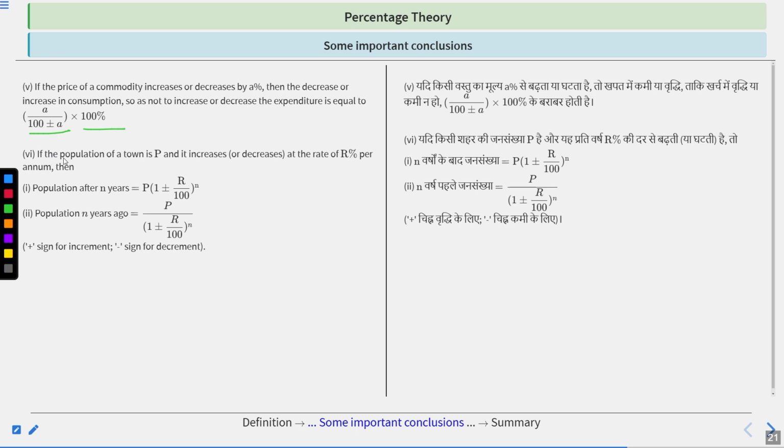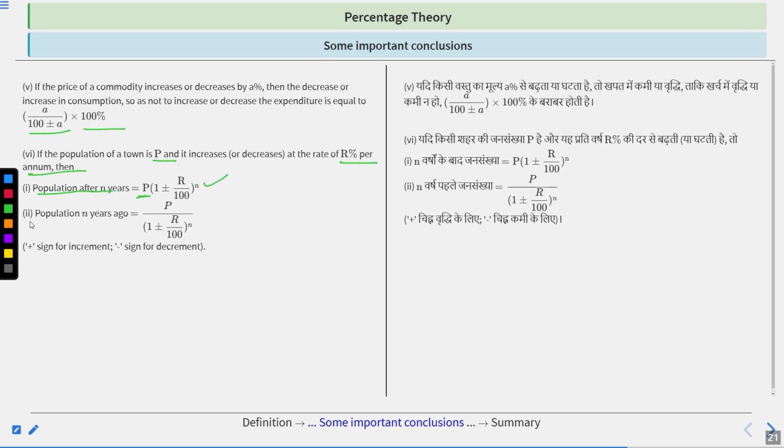Next one, if the population of a town is P and it increases or decreases at the rate of r% per annum, then the population after n years is P, the present population, times (1 plus or minus r upon 100) to the power n. If the rate increases, we take plus; if the rate decreases, we take minus. n represents the number of years.